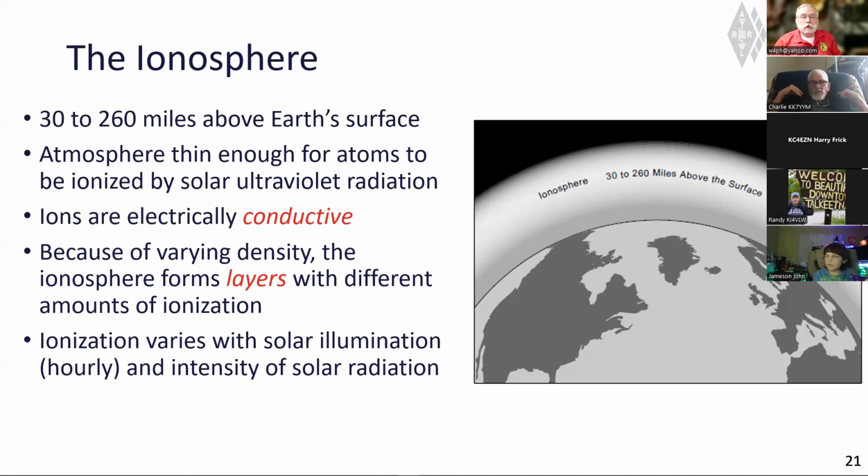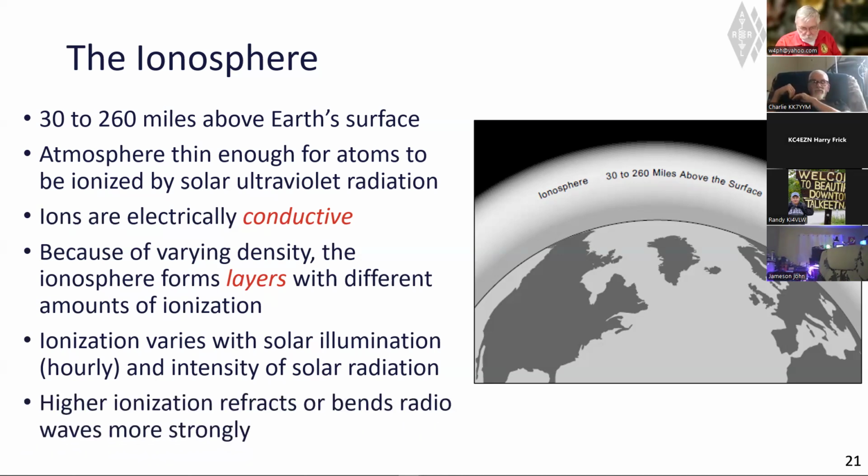Ionization varies with solar illumination, hourly, and intensity of solar radiation. One of the things that changes solar radiation intensity is sunspots. Higher ionization refracts or bends radio waves more strongly.